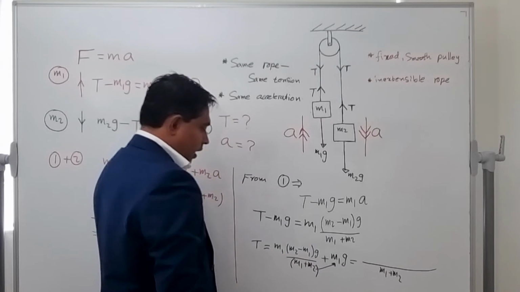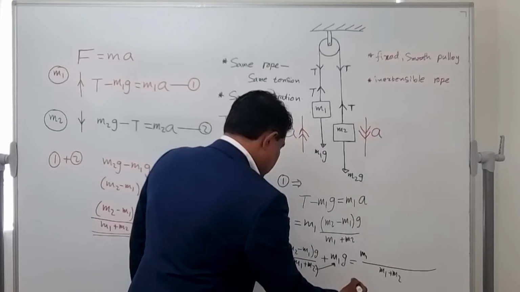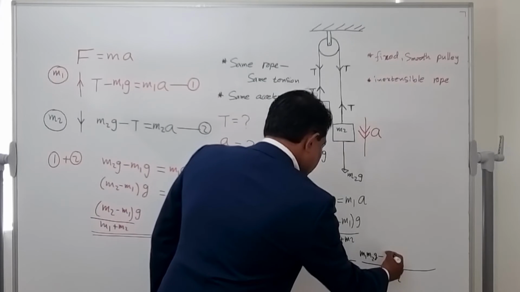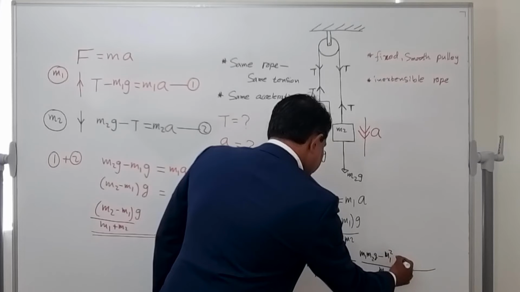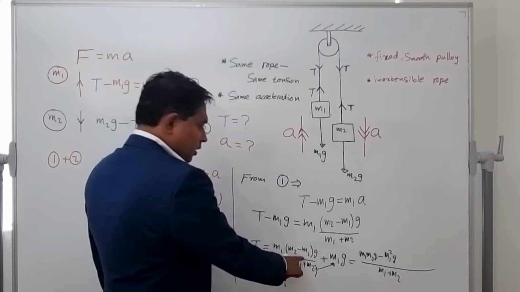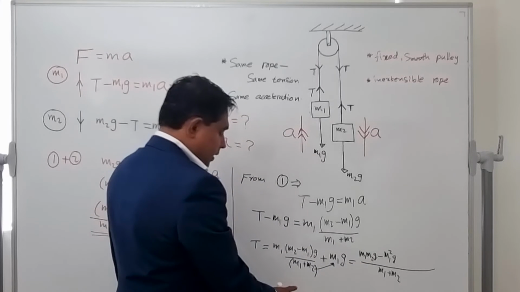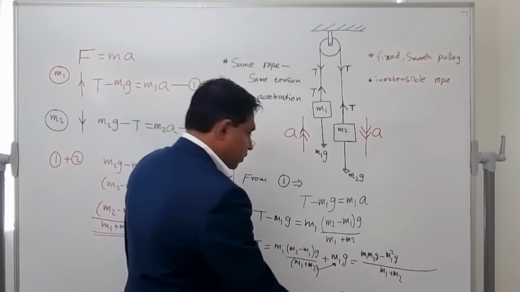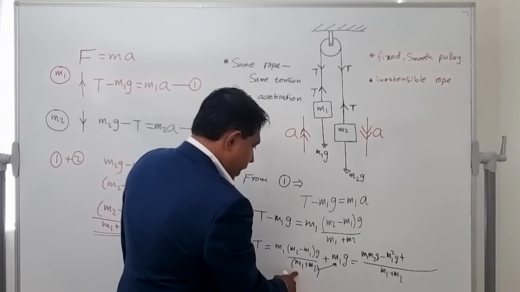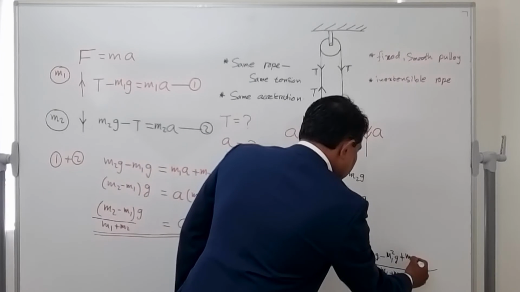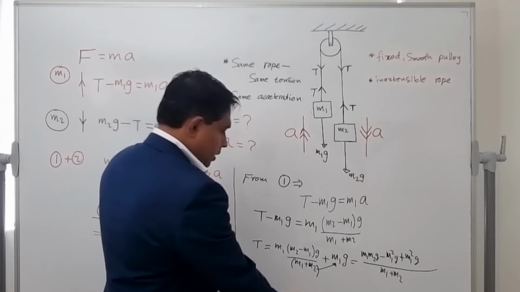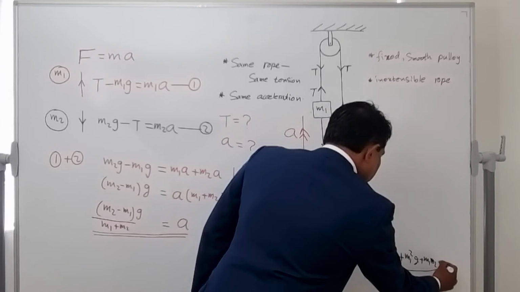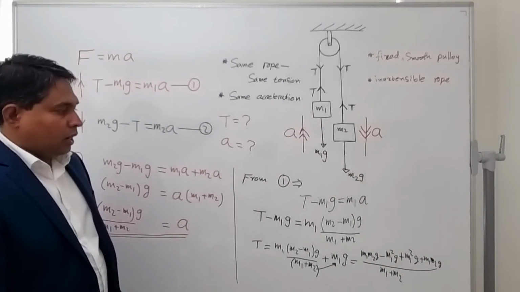That gives us m1 m2 g minus m1 squared g, if I expand this bracket, and then multiplying m1 plus m2 by this term gives us m1 squared g plus m1 m2 g. That's what you get on the top.